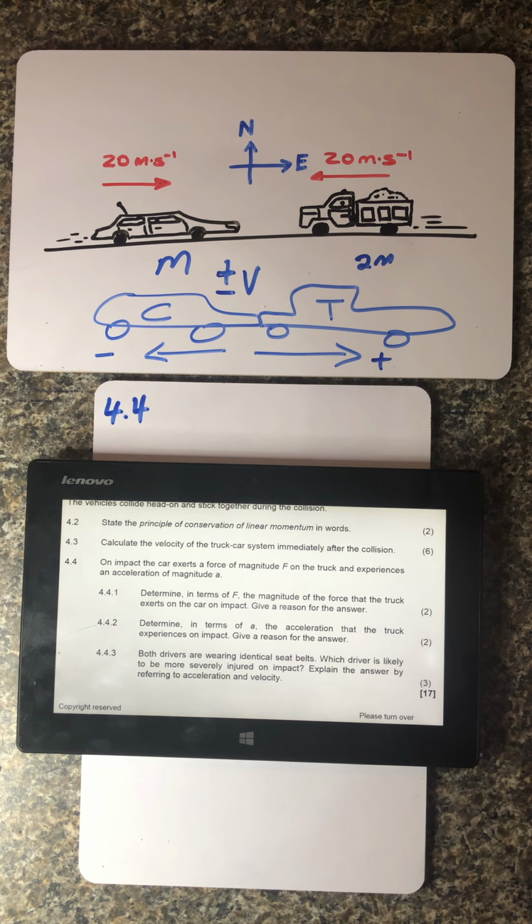Guys, we are now moving to question 4.4. So the question says, on impact, the car exerts a force of magnitude F on the truck and experiences an acceleration of magnitude A. So that was a mini statement given over there.